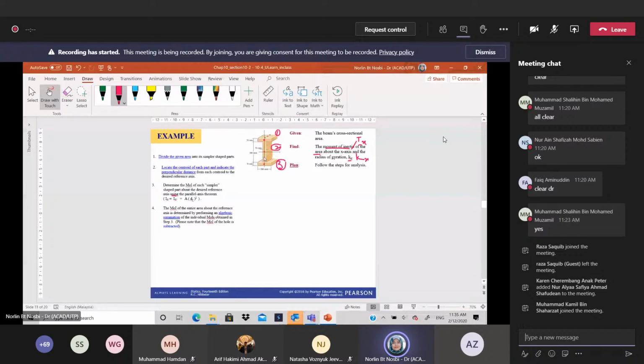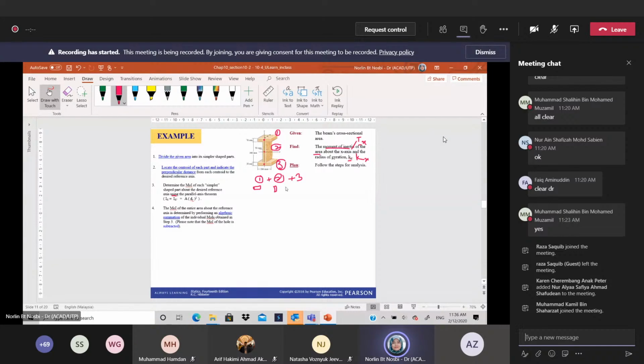For 1, the centroid is equal to 50 plus 25. For 1 plus 2 plus 3, the shape is horizontal, vertical, plus horizontal.